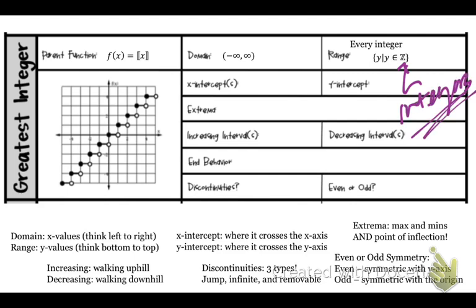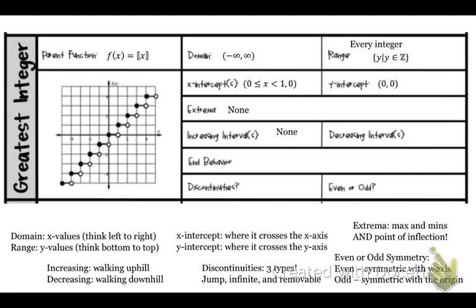Not super important that you remember that, but it's kind of good to see. X-intercepts, this crosses the x-axis from 0 to 1. There's just not a point at 1. So x is greater than or equal to 0 and less than 1. Y-intercept is 0, 0.